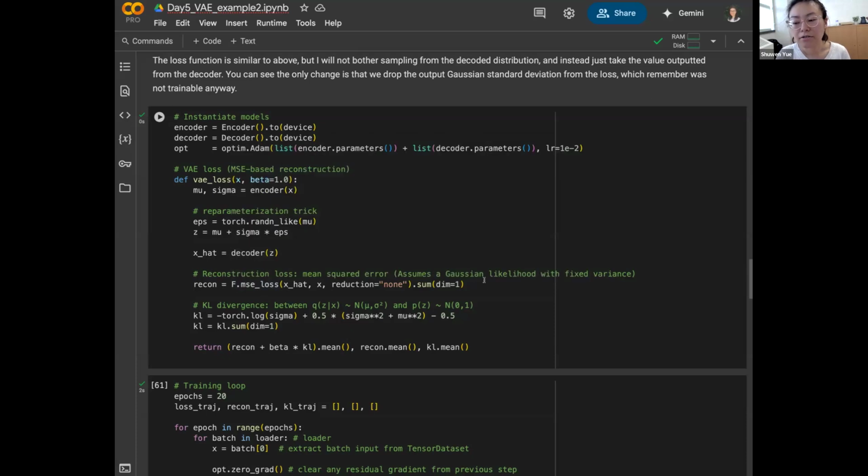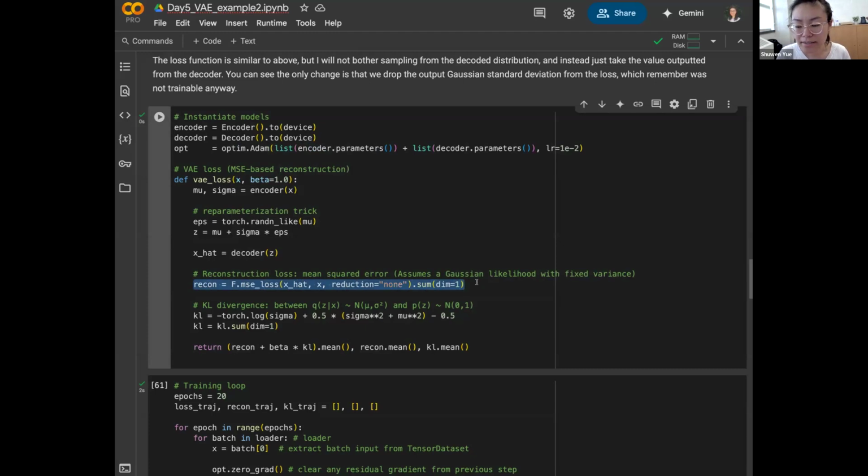So this is basically assuming a Gaussian with a fixed variance, which is not always true, but in this case we're just making this approximation of a Gaussian with a fixed variance. It makes things a little bit less flexible, I suppose. But this is something that is often done for continuous data sets.